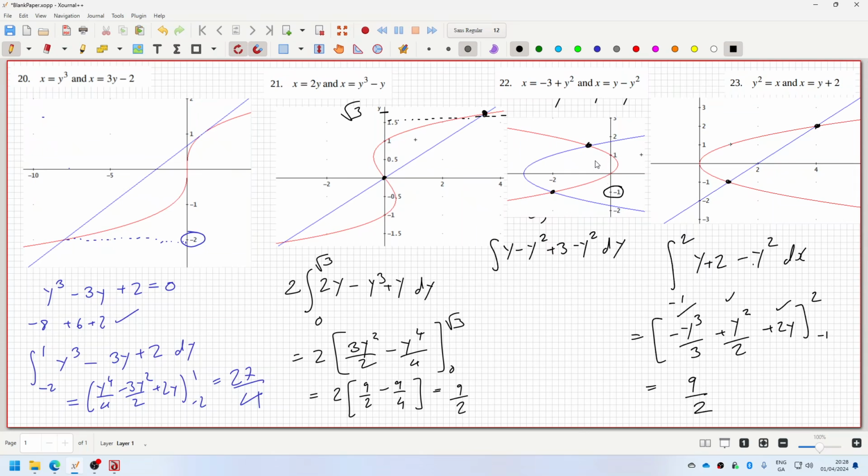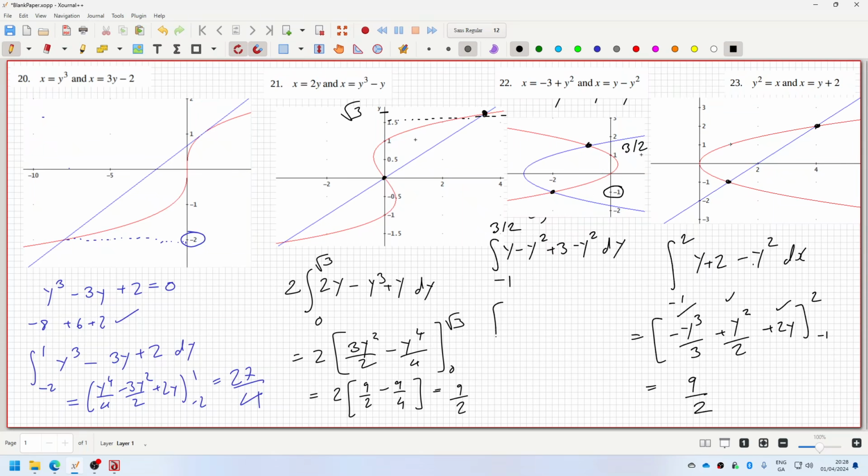So let's see. 3 over 2. Yeah, that's 3 over 2 if you solve the quadratic. So that's from minus 1 to 3 over 2.